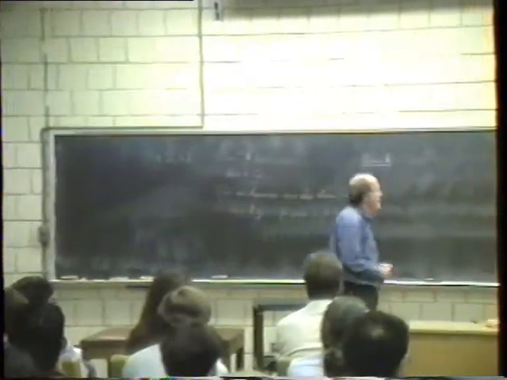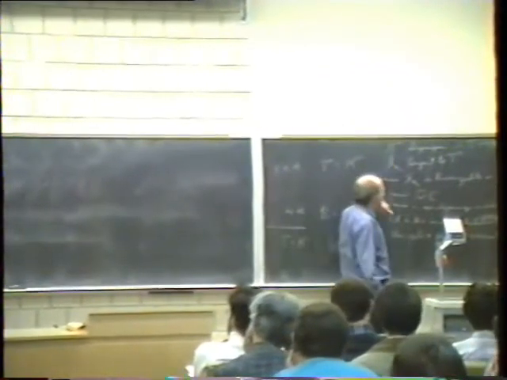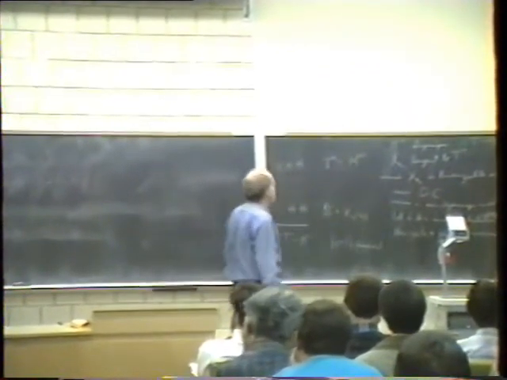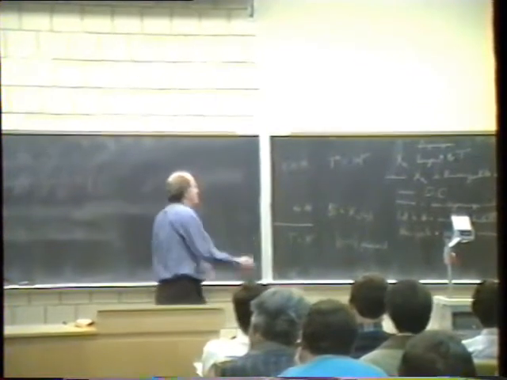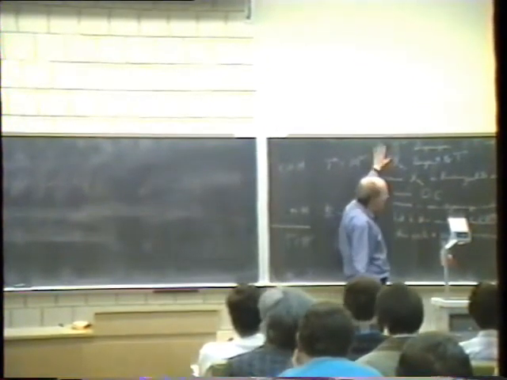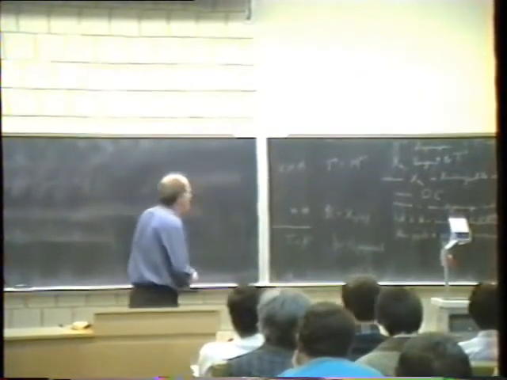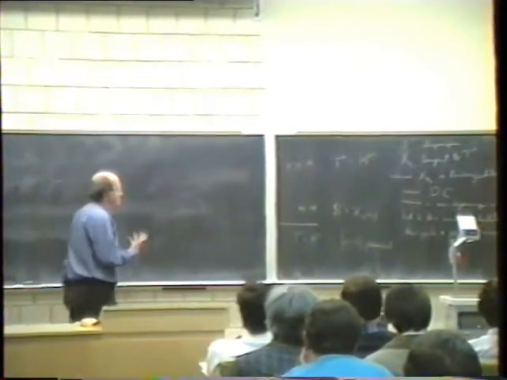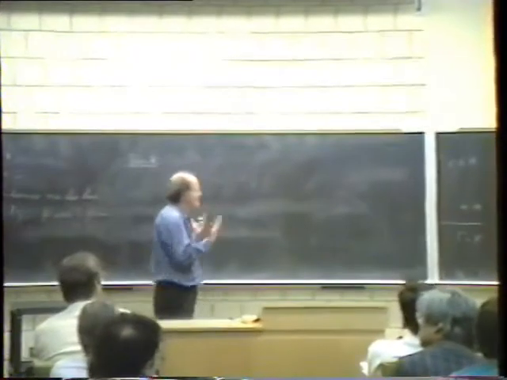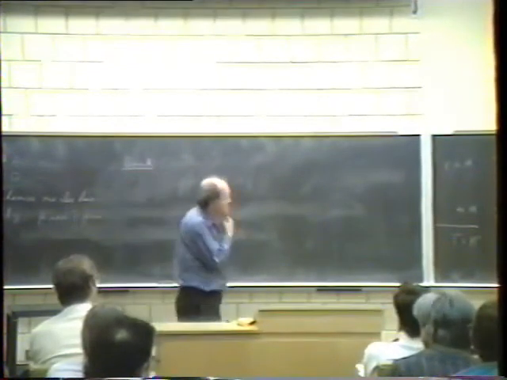Having said that KAM always has lots of hypotheses, you think if a theorem has lots of hypotheses, it might not be very good, because how do you verify the hypotheses? But KAM is a very good theorem because you can very often verify the hypotheses. I guess the basic thing is that in classical mechanics, it's an old tradition to study small perturbations of integrable systems.